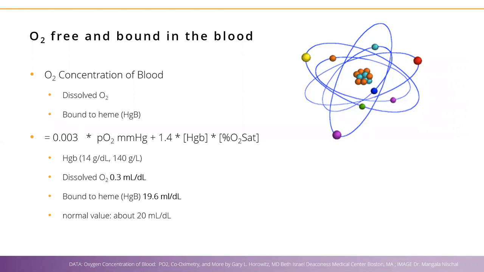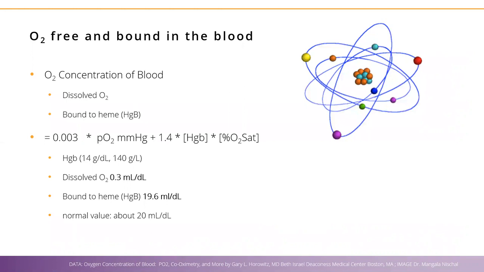So normal values are approximately 20 milliliters of oxygen per deciliter, but the largest part of that oxygen is bound to heme, and most systems use the pulse ox method to determine how saturated your blood is with oxygen.